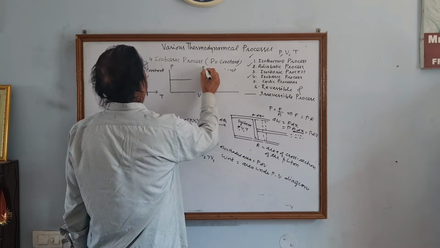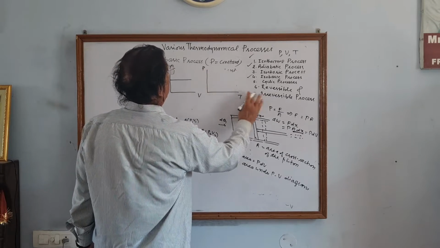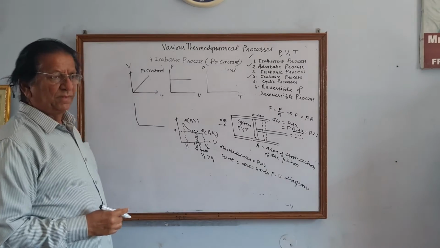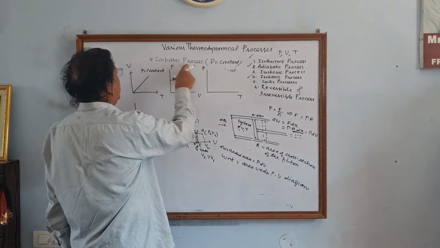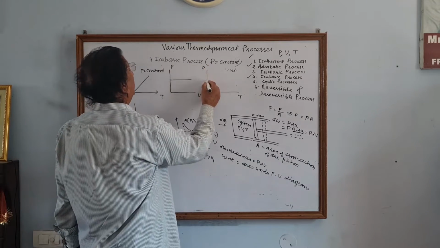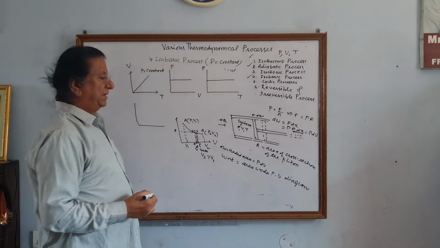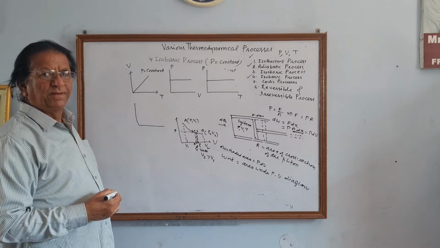Now if you take the PT diagram, the graph between pressure and temperature, as the process is isobaric in which pressure is kept constant, then again the graph will be parallel to the temperature axis.